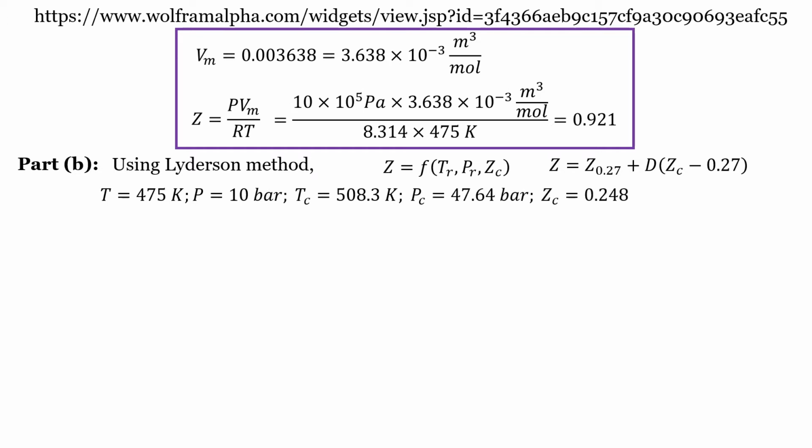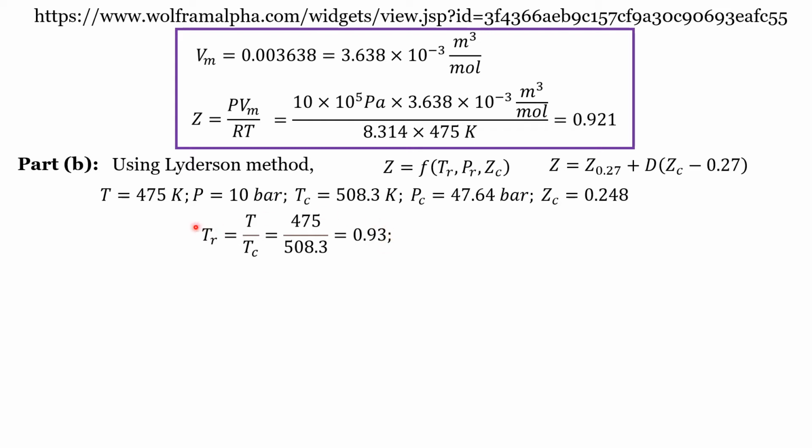In the problem, temperature, pressure, Tc, Pc and Zc are given. First we need to find the reduced parameters. We can write Tr = T/Tc. T is 475 and Tc is 508.3, so we get Tr equal to 0.93.